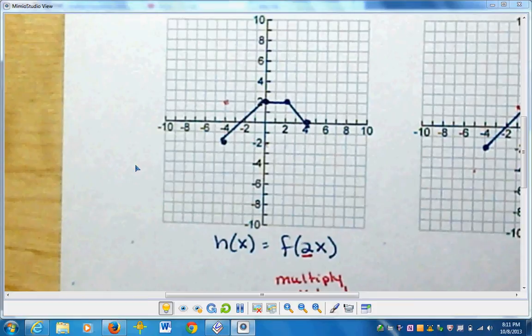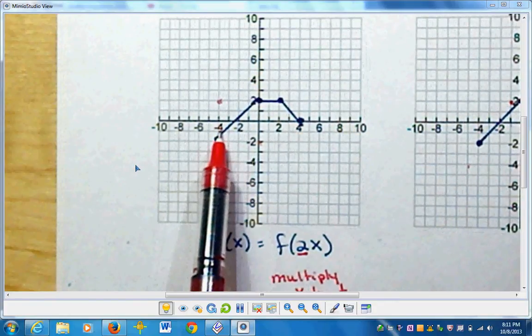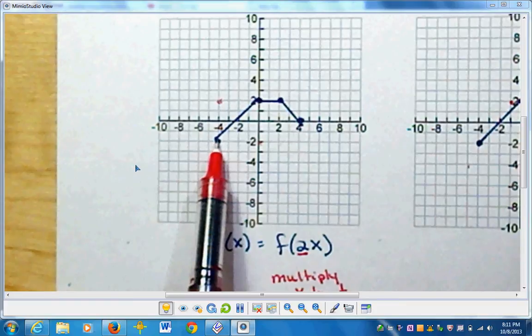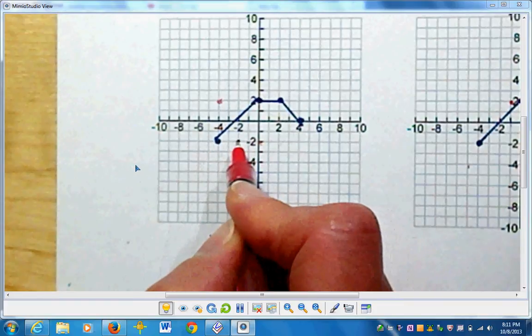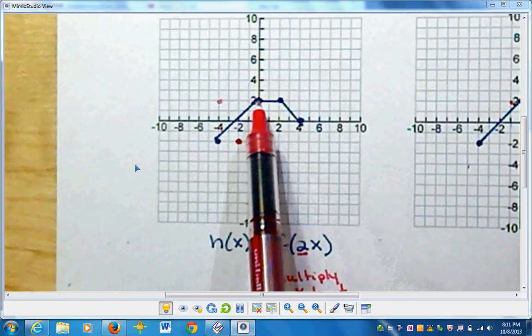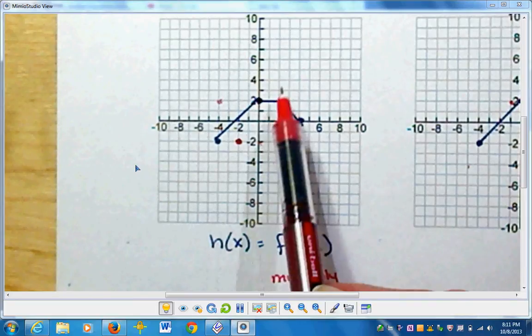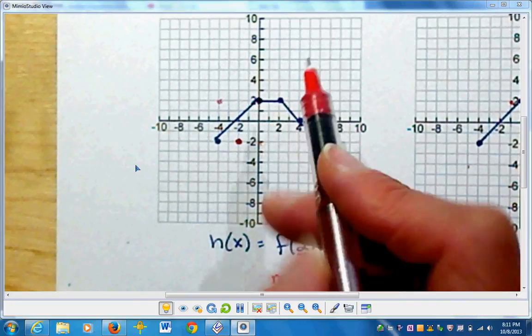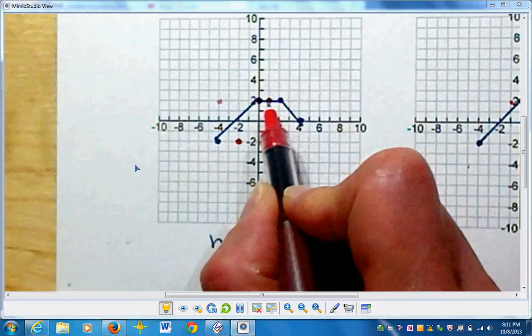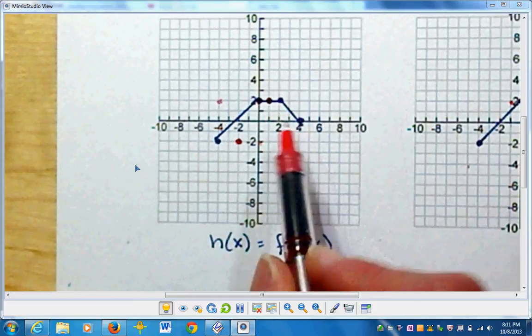Okay, and that's what I mean by it's just not intuitive. So we look at our x value. Here my x value is -4. Half of -4 is -2. Okay, and so here my x value is 0, so that's just going to stay like that. Here my x value is 2. Half of 2 is 1. Here my x value is 4, and half of 4 is 2.